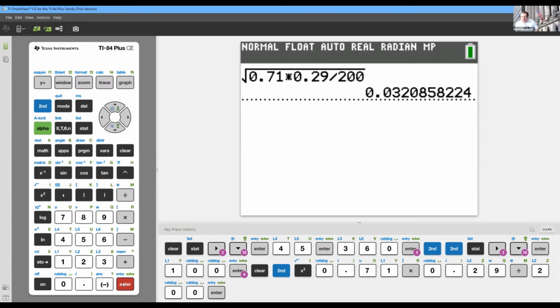And the answer I've got is roughly 0.032 and some more digits. I'm going to use 3 decimal places, which I think is pretty standard in the homework. So 0.032. Are you happy that it's a pretty straightforward calculation to get the standard error? It's p hat times 1 take away p hat, all divided by 200.